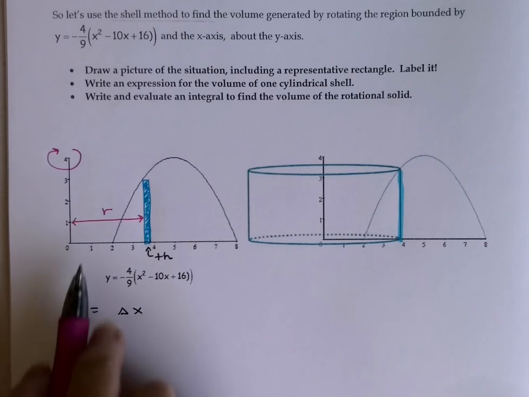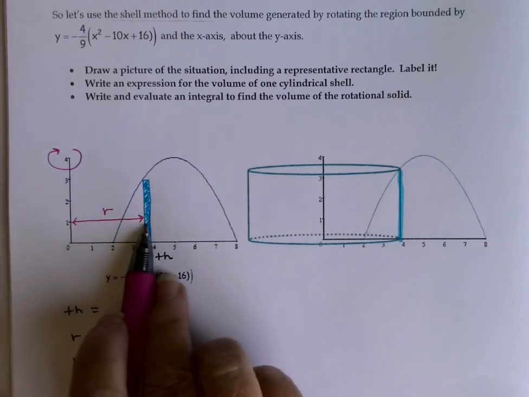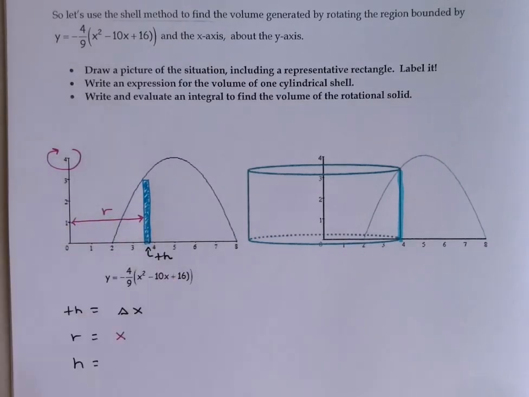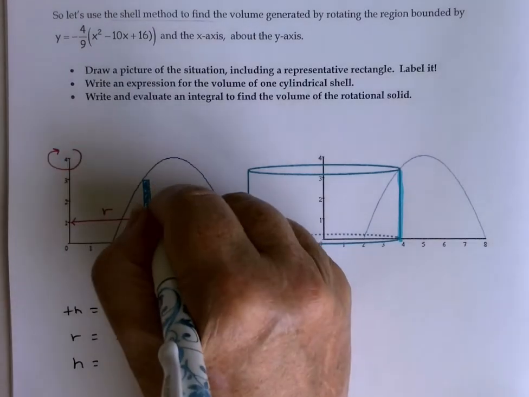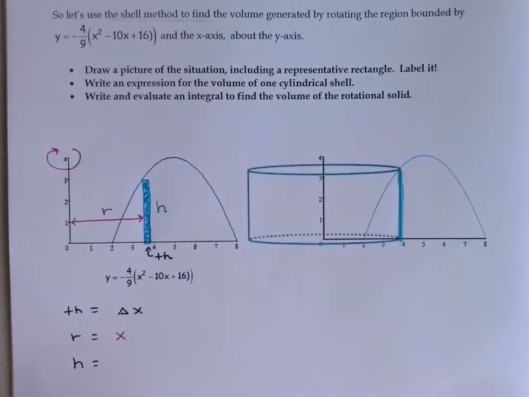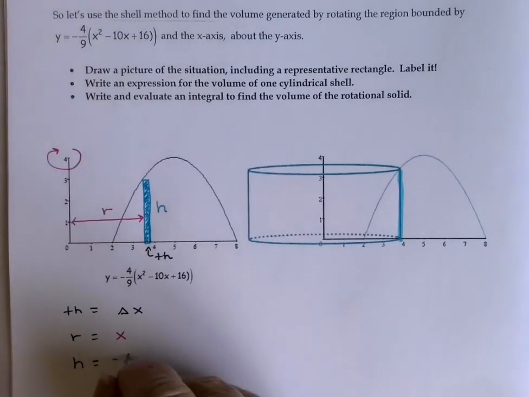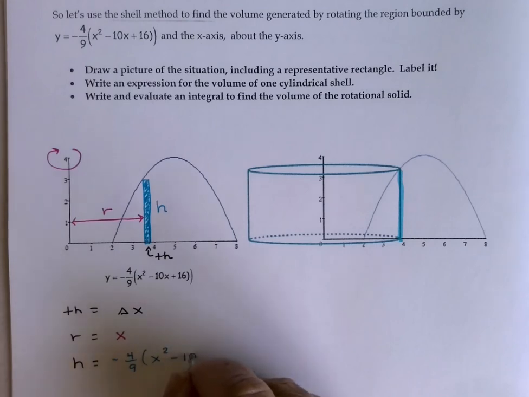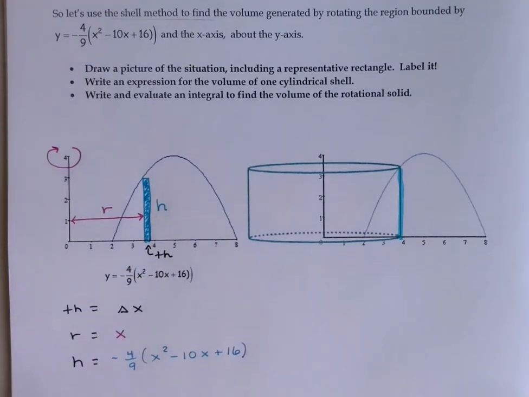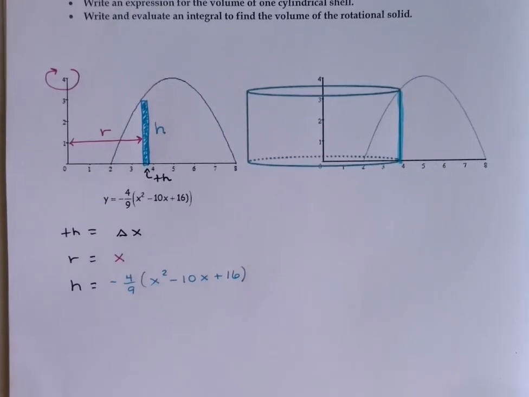That's my radius. That's a horizontal distance. That's x. The height is the height of my rectangle, and that would just be the y value here, negative 4/9 times x squared minus 10x plus 16. So we've got everything we need.